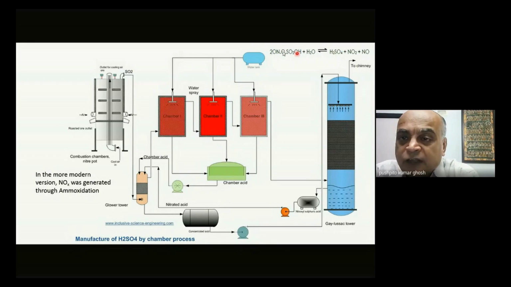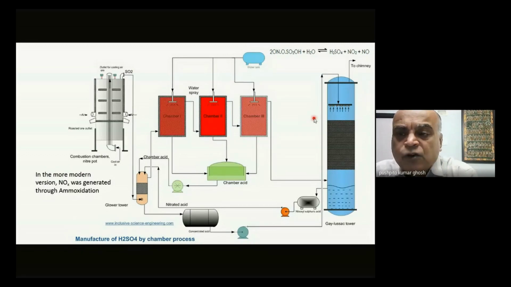In other words, I will form nitrosyl sulfate and I will prevent any NO2 from escaping into the atmosphere. And that's how NO2 becomes catalytic, because I can recycle it. Okay. Of course, there will be small amounts of losses.